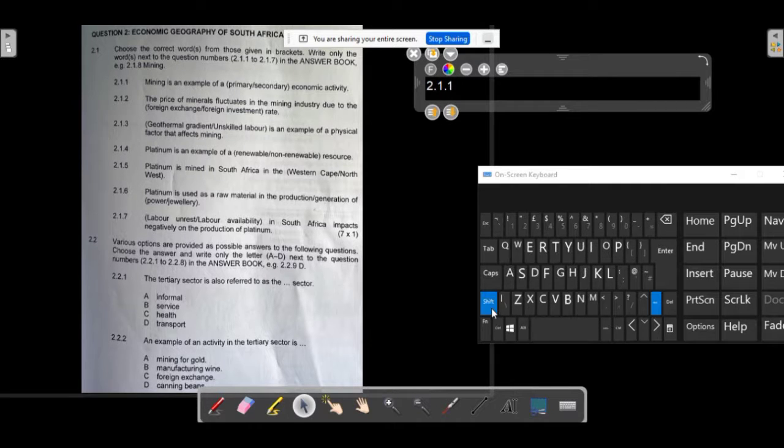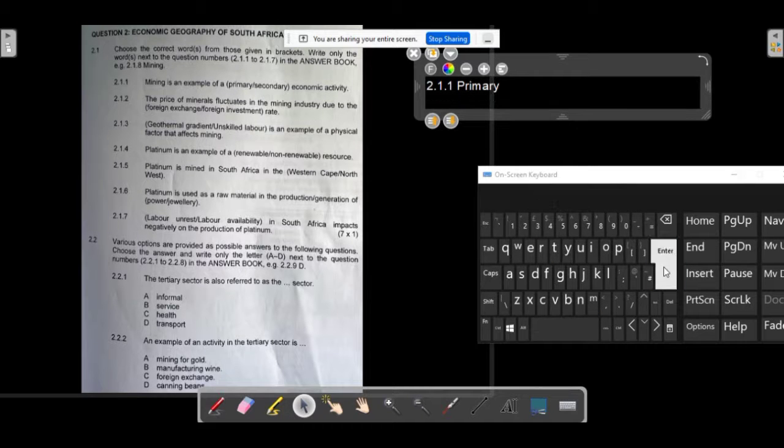I'm sure everyone got this correct. Of course that's a primary. Mining is a primary economic activity, guys. We know that. We are extracting raw materials from the natural environment. 2.1.2, the price of minerals fluctuates, that means it goes up and down in the mining industry, due to the foreign exchange rate.